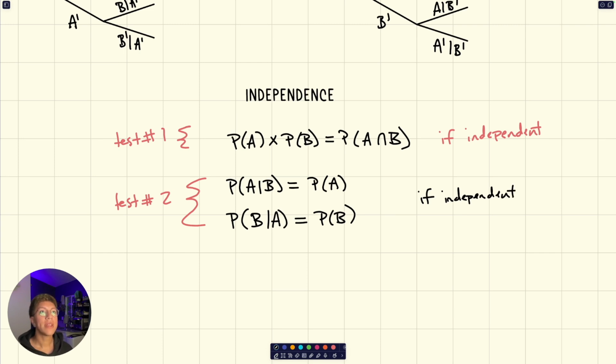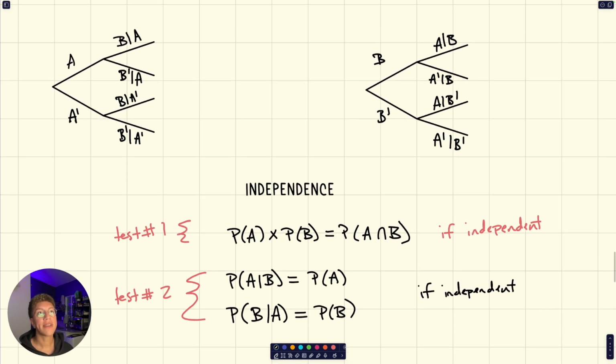Well, if we look up here at these diagrams, we notice that if an event is independent, and maybe it would help to put some numbers in here, we can say maybe this one is 1/4 and 3/4.